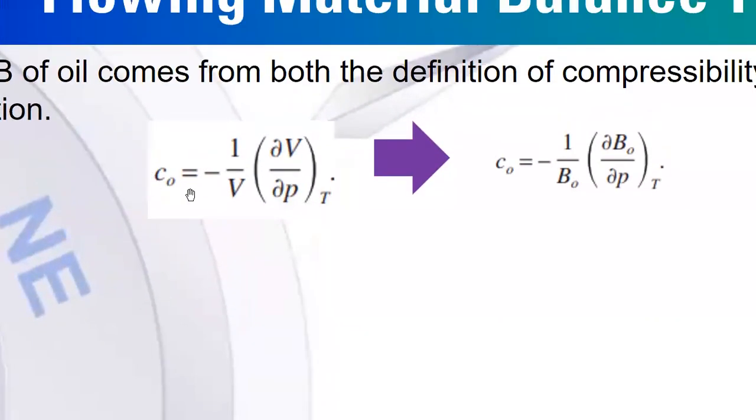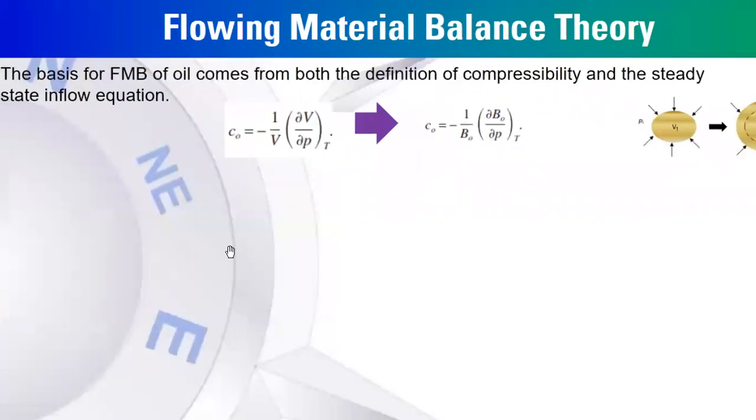Simply, compressibility is a function of the rate of change of volume with pressure relative to the initial volume. So it can be a function of the oil formation volume factor, as you can see.